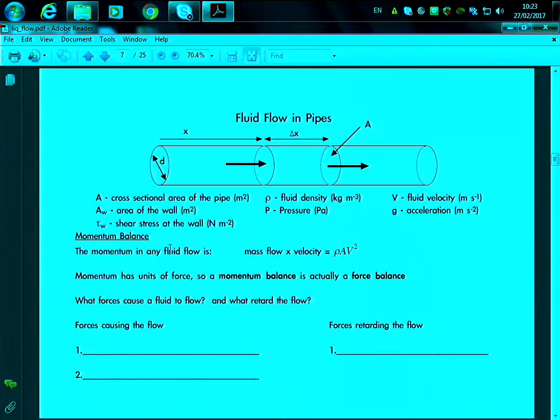So what forces cause the fluid to flow and what retard the flow? Which are the forces that cause the fluid to flow? The pressure of the fluid, which is the applied force. What else?